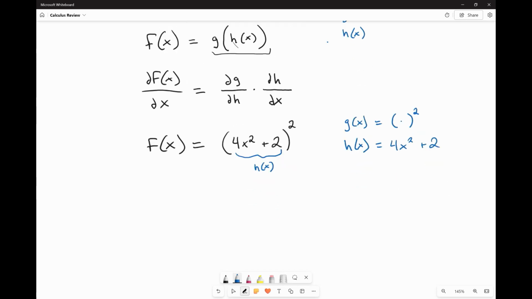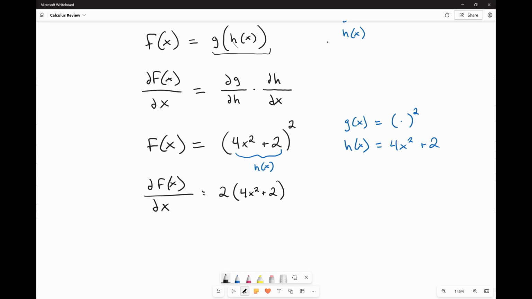Now, if that's the case, then we can take the derivative just following the structure of the chain rule. Let's take the derivative of the outer function, the derivative of g first. That's just 2, and we put the same thing back inside.